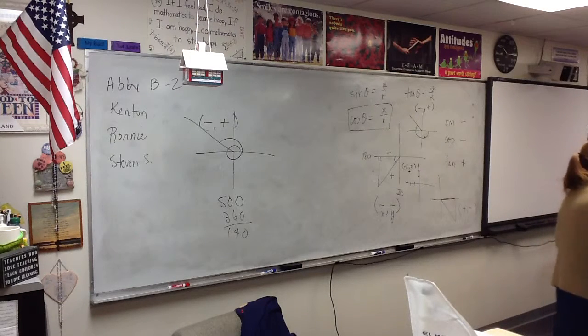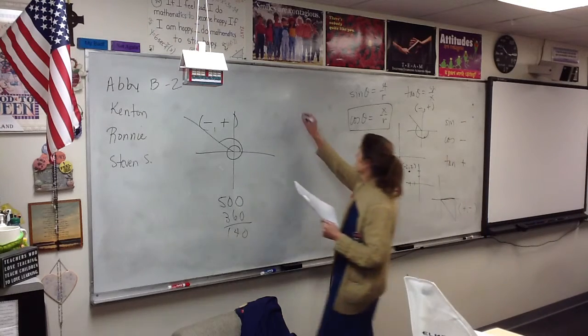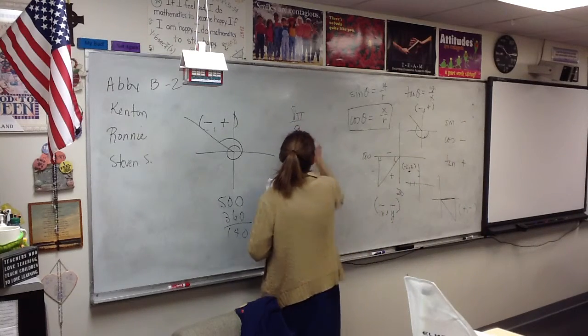B is a radian measure. Any ideas how we might do this? Could we change it to degrees? Oh, we always can do that. So we have 8 pi over 9. So think about it.